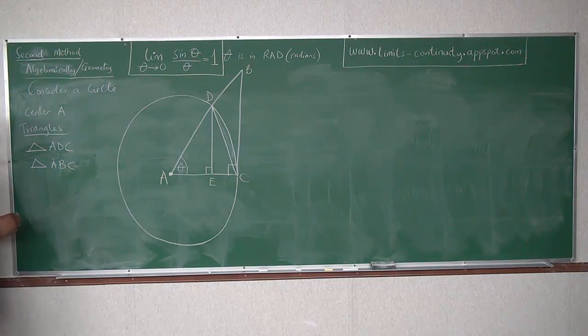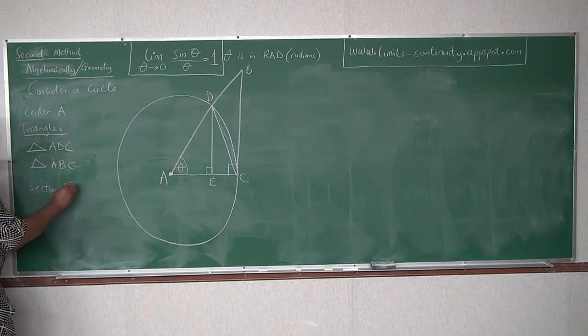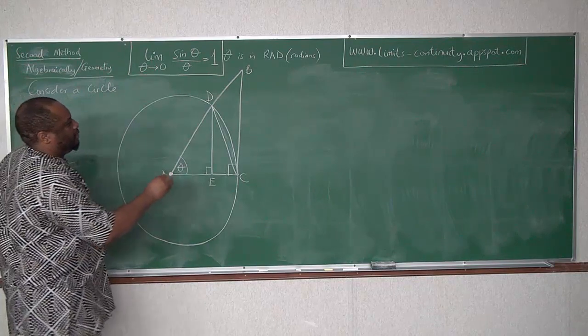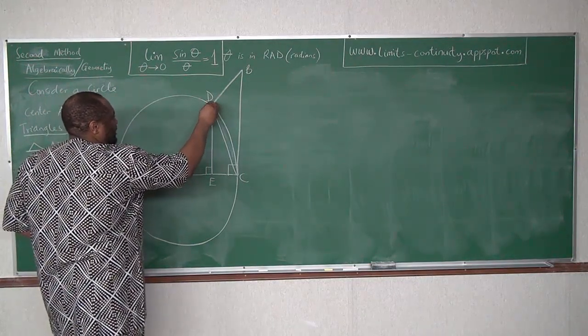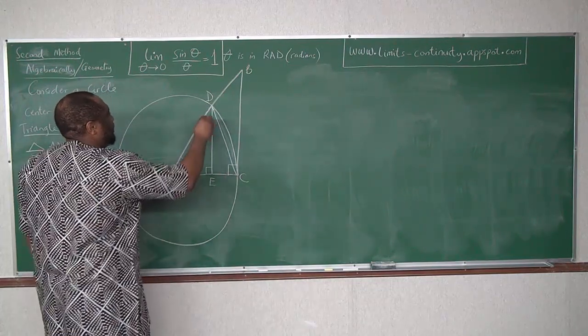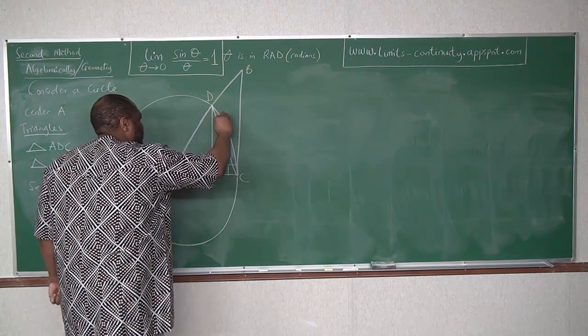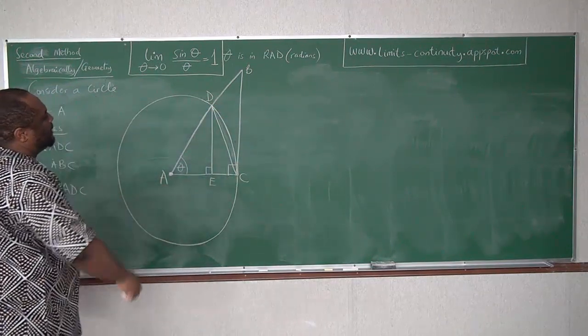Then I have a sector, area of sector ADC. ADC is a sector, area of sector ADC. Then area of sector ABC.